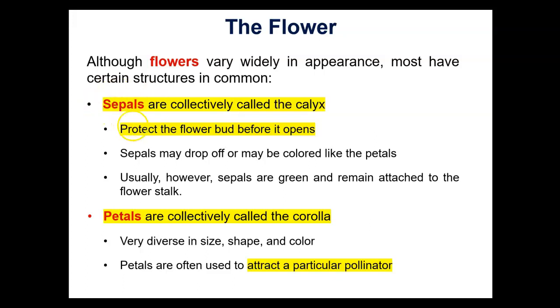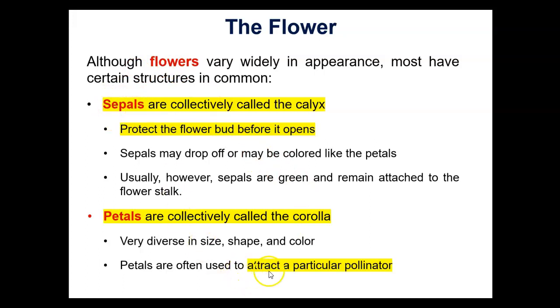Those sepals are the little green leaves that enclose the bud of the flower, and together they're called the calyx. So they protect the flower bud before it opens. Petals all together are called the corolla, and normally whenever the flower blooms and you can see the petals really well, the sepals have withered away. Sometimes they even fall off.